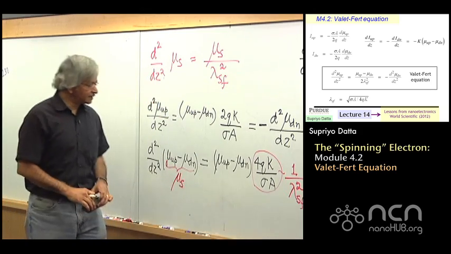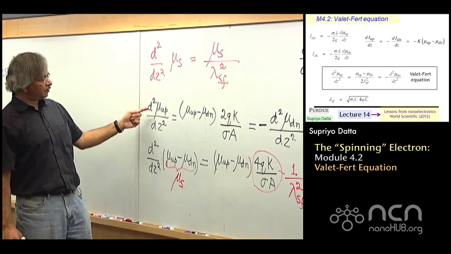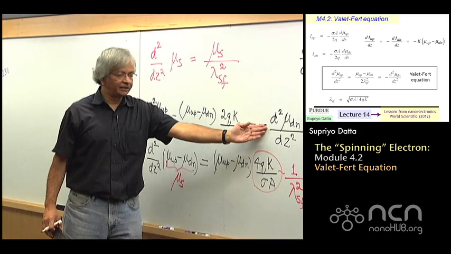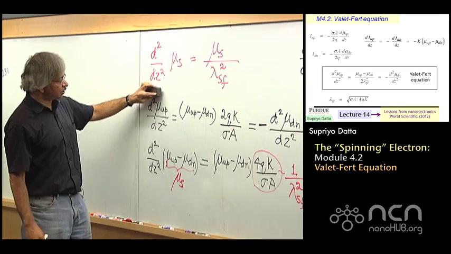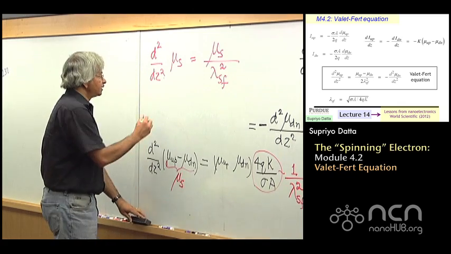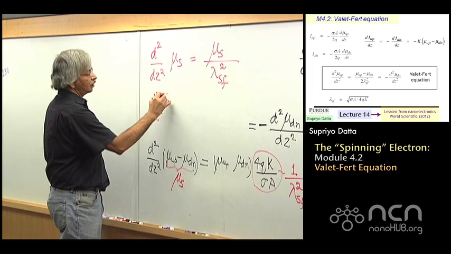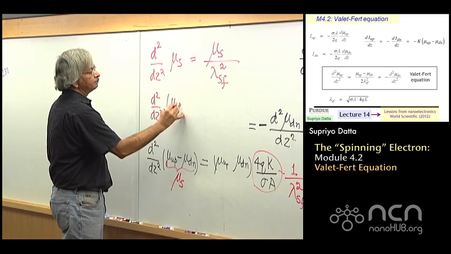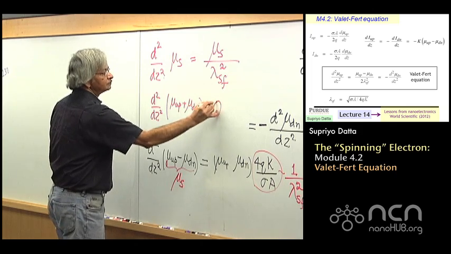And if you wanted the sum of the two, one is equal to the negative of the other. So if I just take the sum, d2 dz2 of mu up plus mu down is just 0.